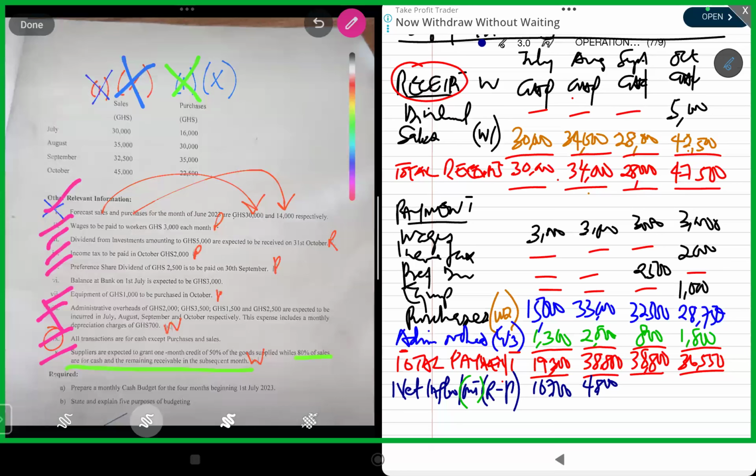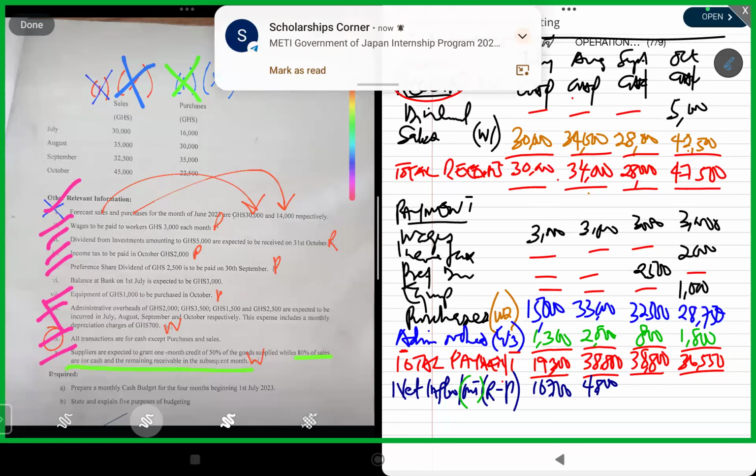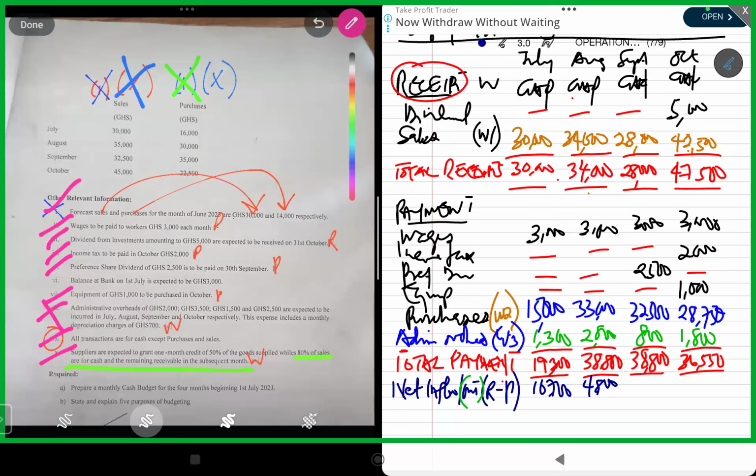Check the September again. Check the August again. Is the receipt first minus the payment? So do it and tell me what you get and the values you are obtaining.